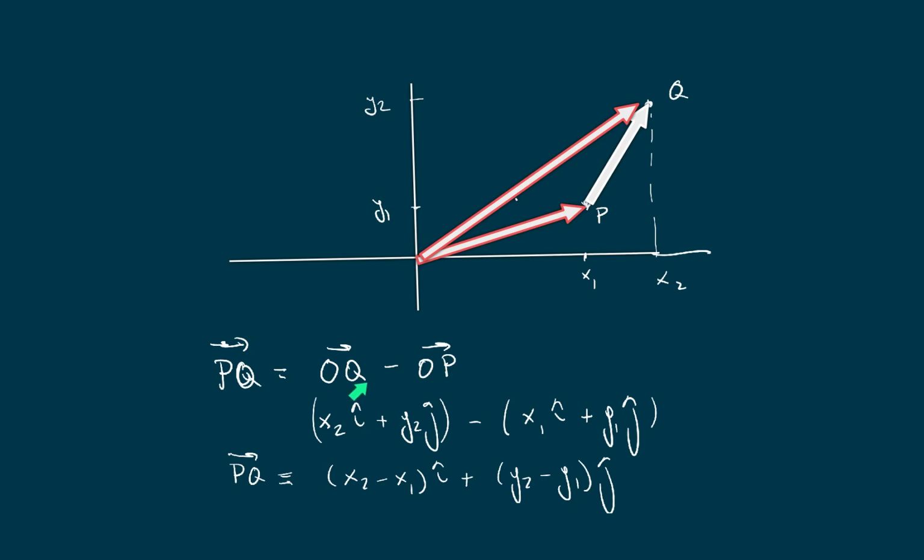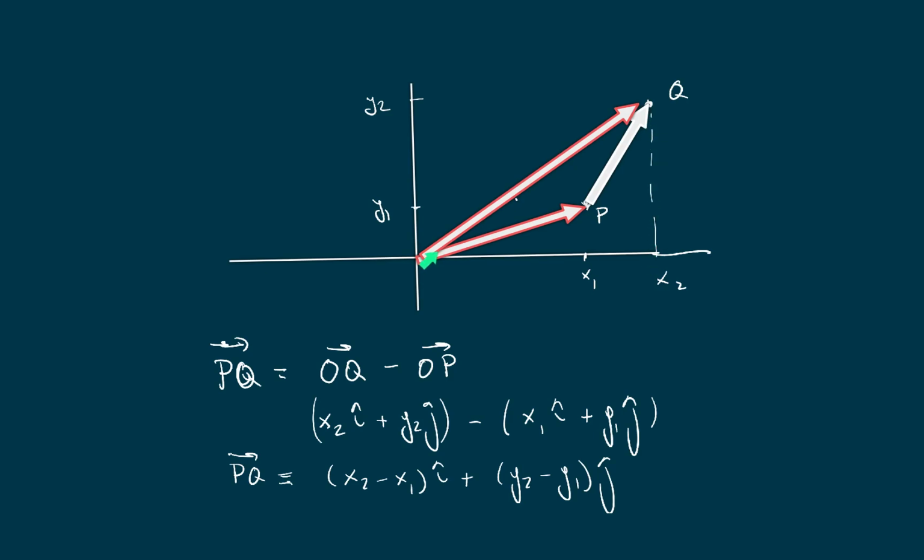Okay, who is OQ? OQ is the vector that goes from the origin to the point Q. So it's x2 in the x direction, i, plus y2 in the j direction, y direction, going up.